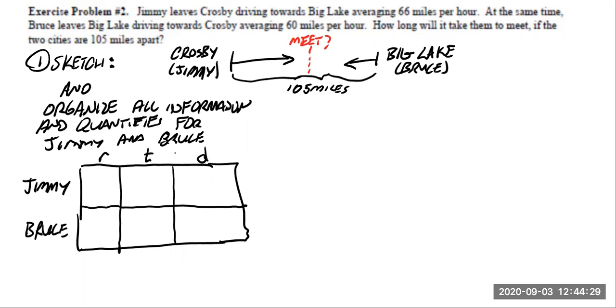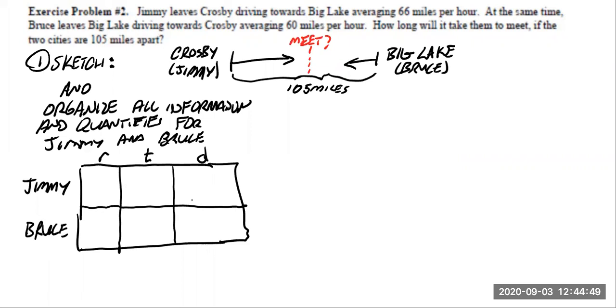So when we organize, this is all step 1. I want you to look at what we've created. We created a sketch of the situation, and we know that Bruce and Jimmy are the two components in motion here. I want to use a chart like this to keep track of all their information.